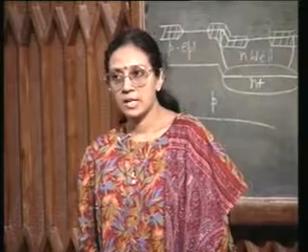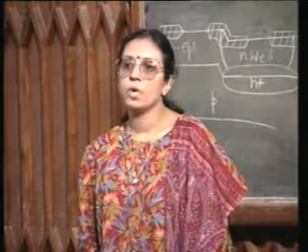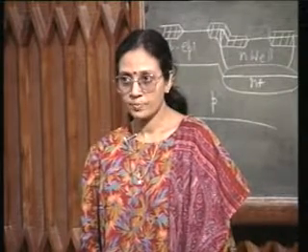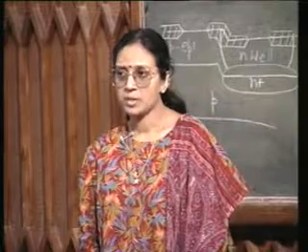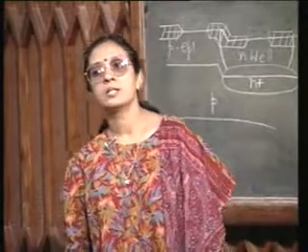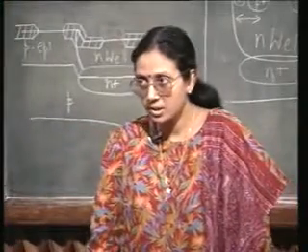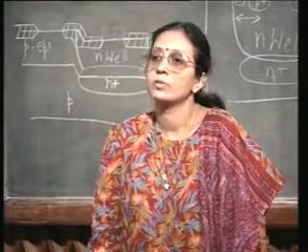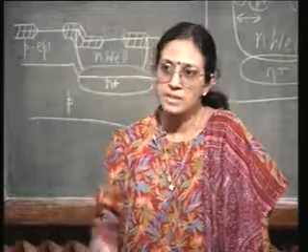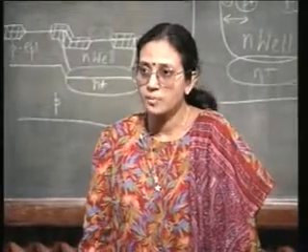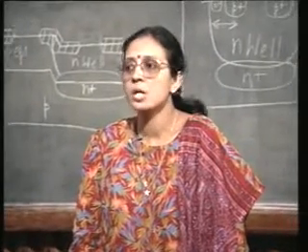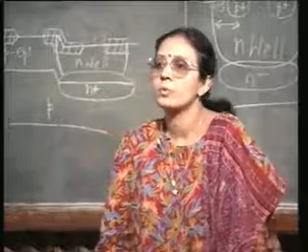So, in the next class I am going to give you a BiCMOS process flow, okay, where you will see how in the basic CMOS technology we can incorporate a bipolar junction transistor, and what are the drawbacks of this basic process flow, because you are just incorporating a few extra steps.